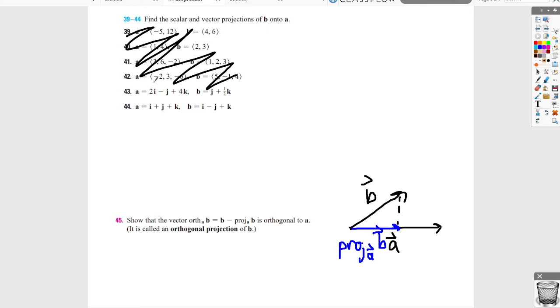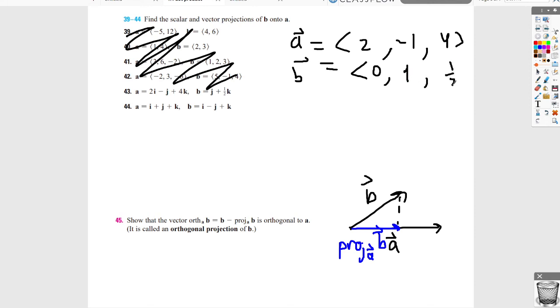So put simply, A is equal to 2, negative 1, and 4, and B is equal to 0, 1, and 1/2.